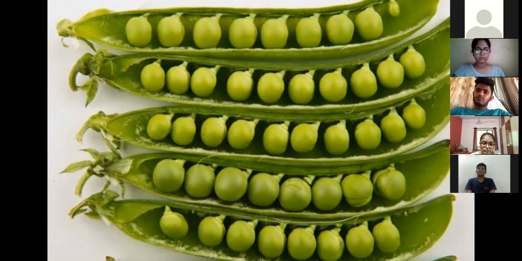On the side, on the base, on the topmost part, at where? The positions are different. So that type of study we call placentation. The arrangement of ovules within the ovary, where the placenta is formed in the ovary, that study we call placentation.